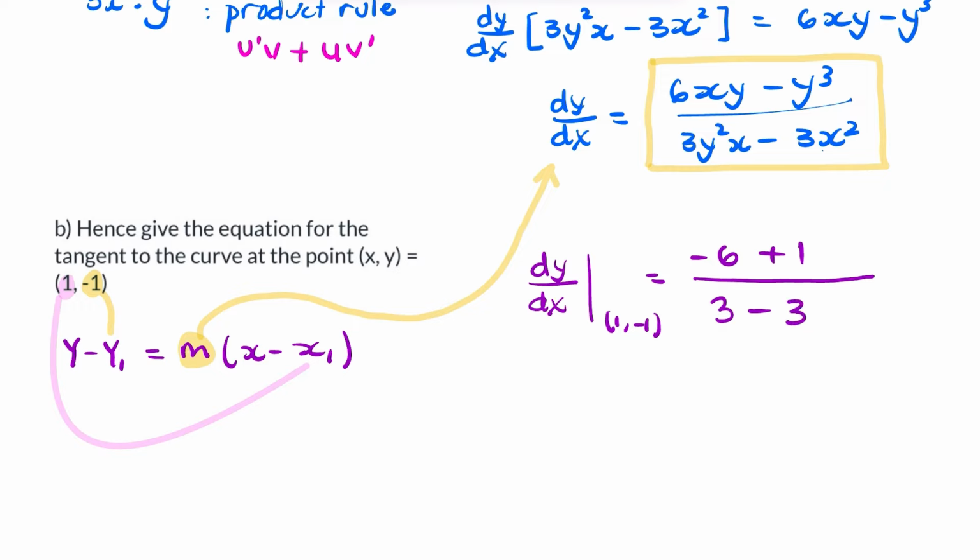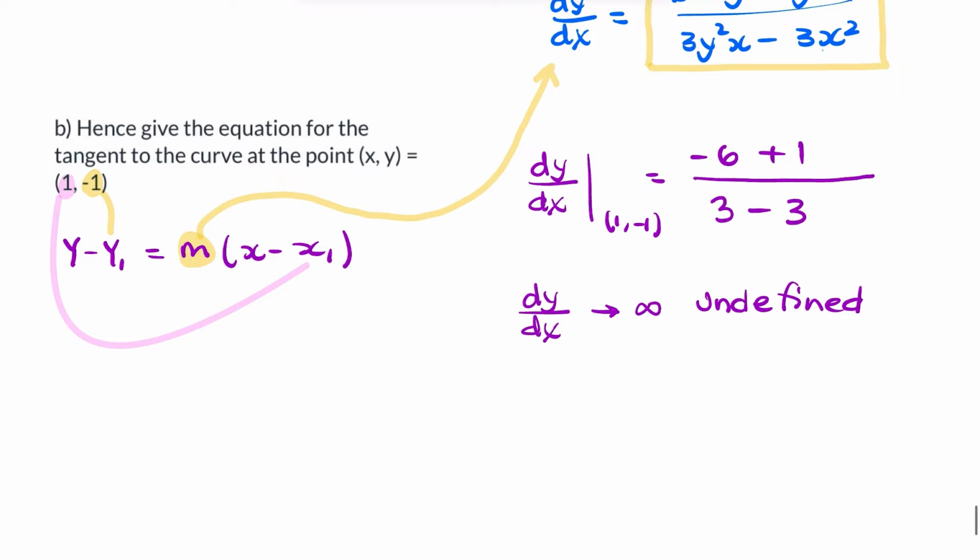So that's undefined. So dy by dx approaches infinity, it's undefined. That suggests that the tangent line will be a vertical line.